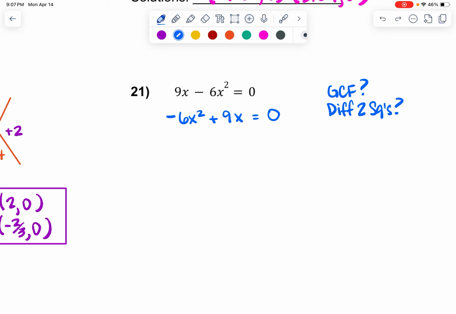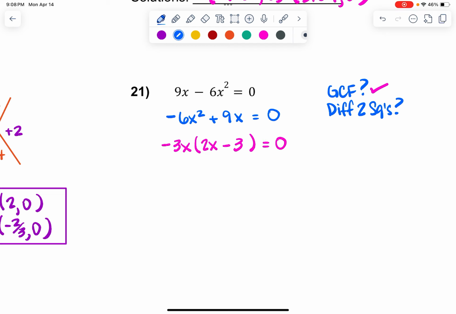It begins with a negative. That's gross. So this is definitely a GCF problem. And as you can clearly see, it begins with a negative, so I'm going to take that out. So I have a negative, and I have a 3 and an x in common, which is going to leave me with 2x minus 3 for my two factors.